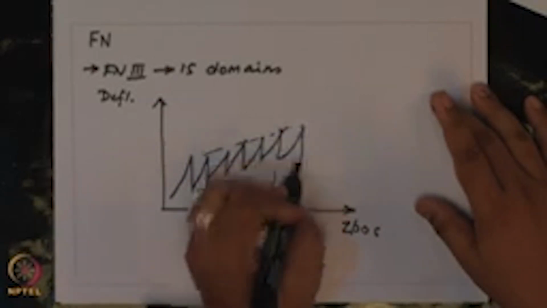I am not drawing all 15 domains, but you will have multiple peaks which might have comparable lengths, comparable forces, and so on. So, it is near impossible to assign the peaks.